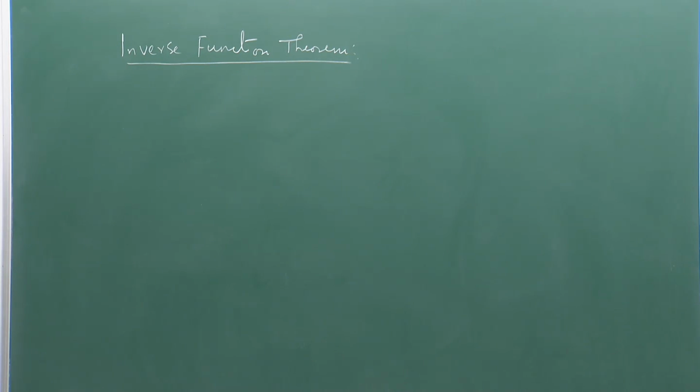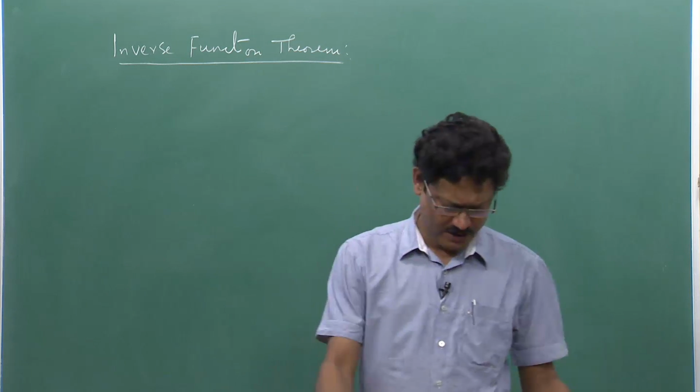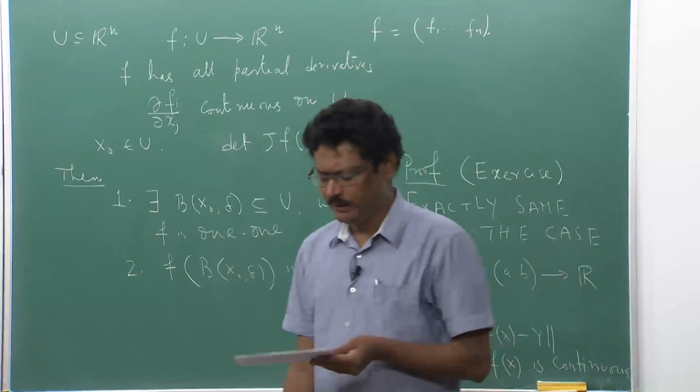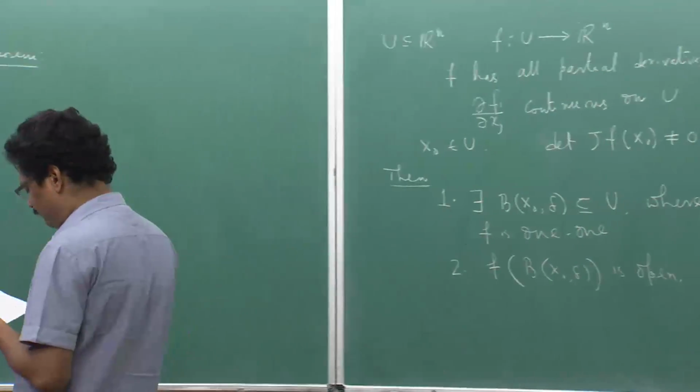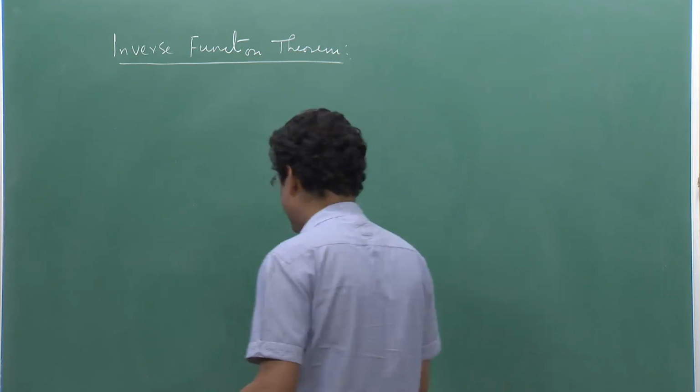Let me follow the standard statement. While writing the statement of a theorem, it is always better to follow a standard book. In this case, I am following the statement from Apostol, Mathematical Analysis, with notational changes maybe.